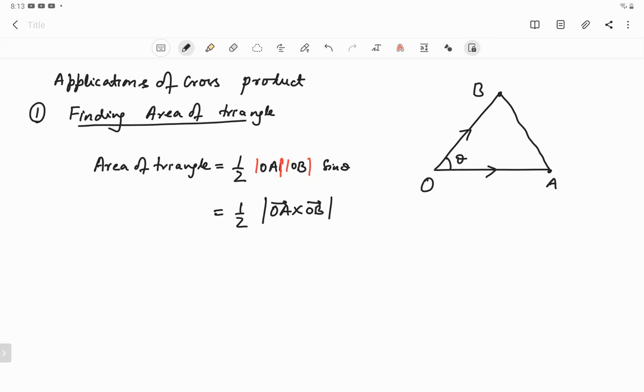Now, the question is that A is (6, -7, 21), the coordinates of A in 3 dimensions, and the coordinates of B are (3, 2, -5). Calculate the area of the triangle OAB.